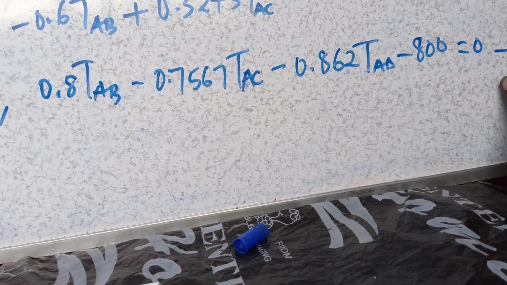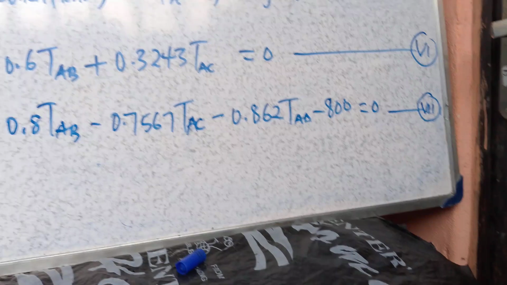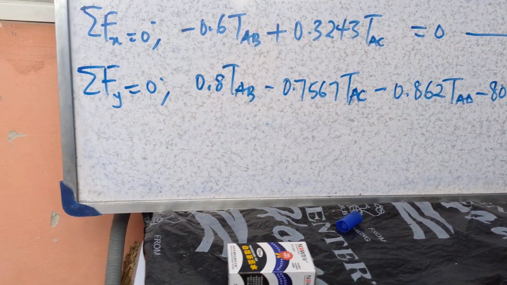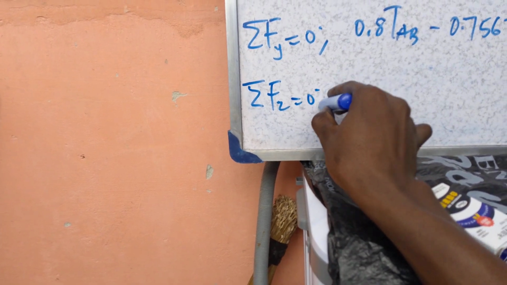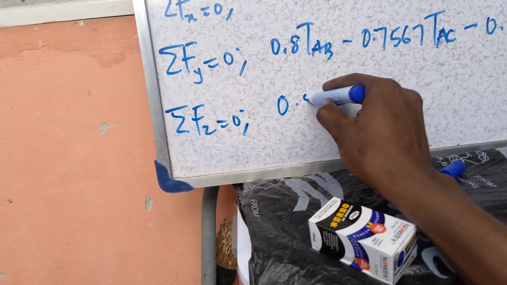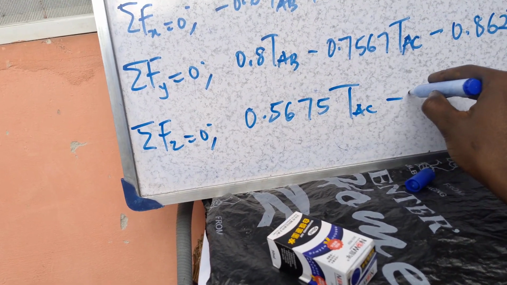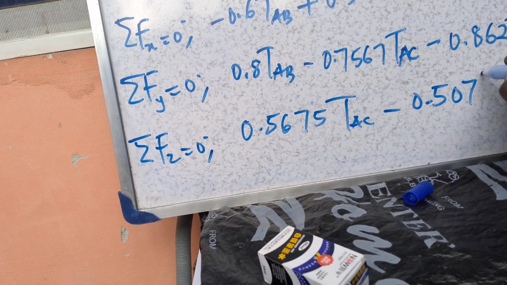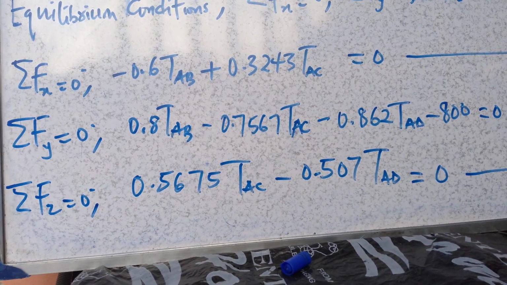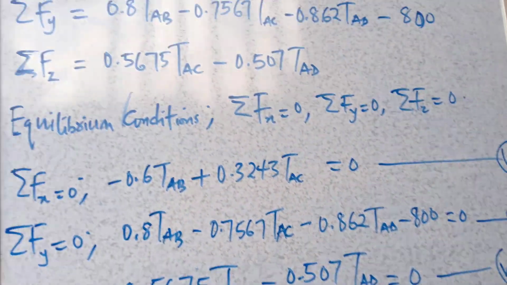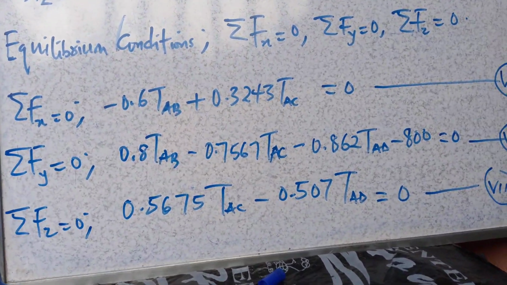Call this equation 7. And sigma Fz equals 0 gives 0.5675 TAC minus 0.507 TAD equals 0. I call this equation 8. So this is equation 6, 7, and 8.